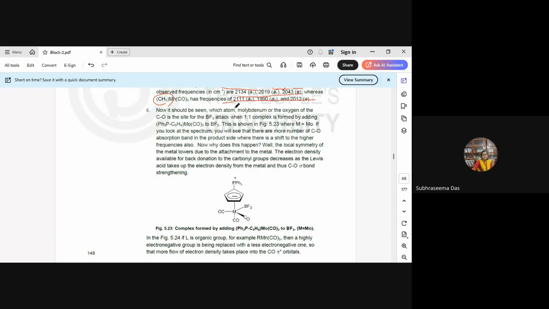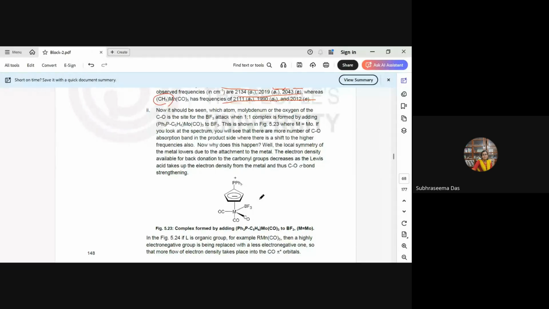In the second case, the oxygen of the CO in this molybdenum complex is the site for BF3 attack, when a 1:1 complex is formed by adding BF3. If you look into the spectrum, there are more CO absorption bands than in the product.